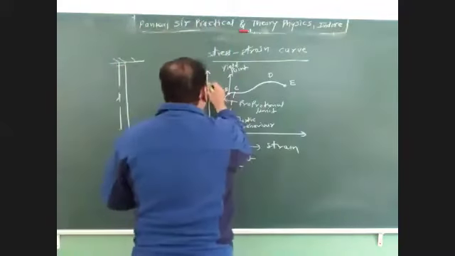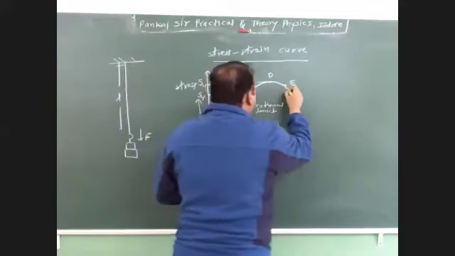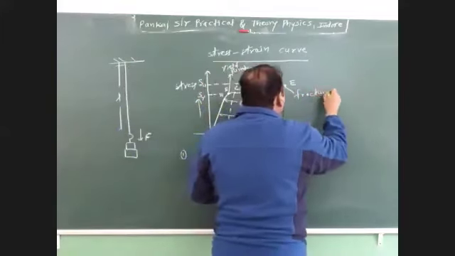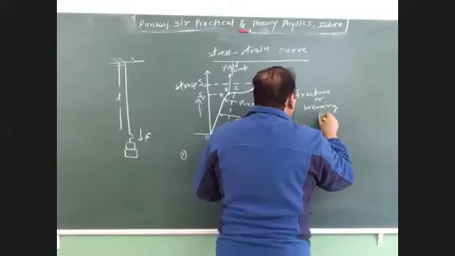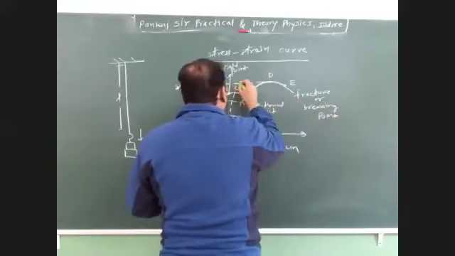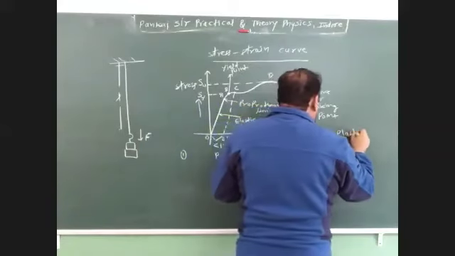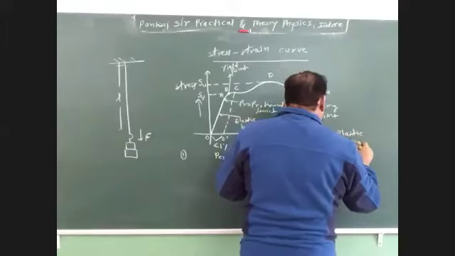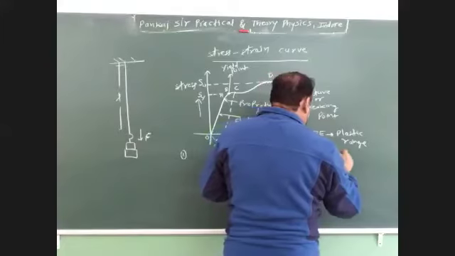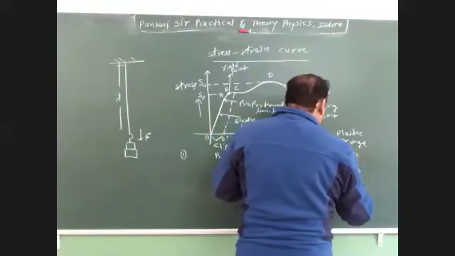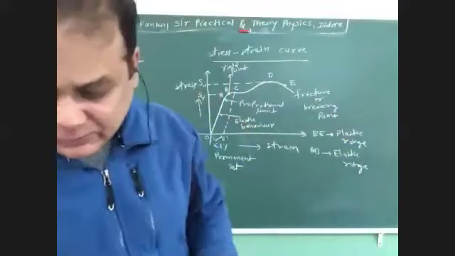This we call ultimate stress, SE. And this is our breaking point. And from B to E, this is the plastic range. And O to B is the elastic range. Okay children, I have written all this.